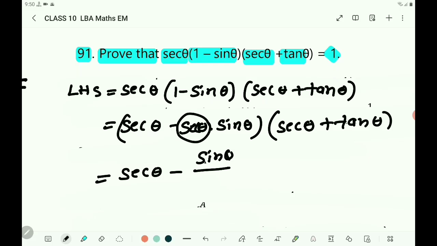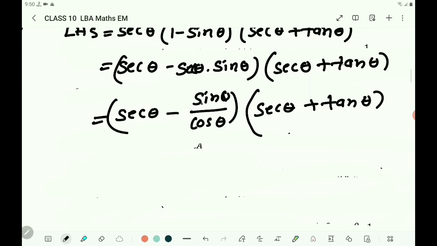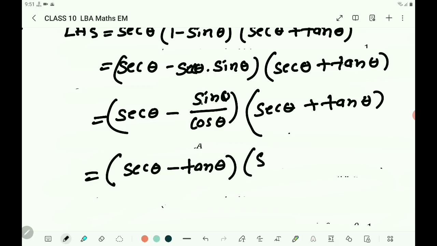Take the cos theta to the denominator. So secant theta into sin theta is sin theta by cos theta, into secant theta plus tan theta, equals secant theta minus sin by cos, which is tan theta, into secant theta plus tan theta as it is.